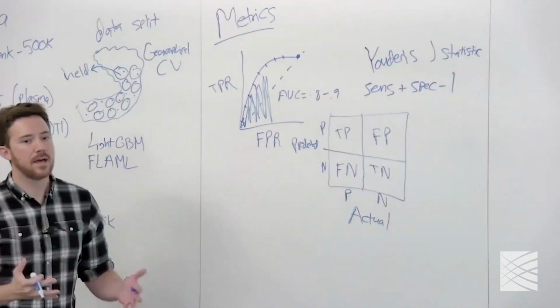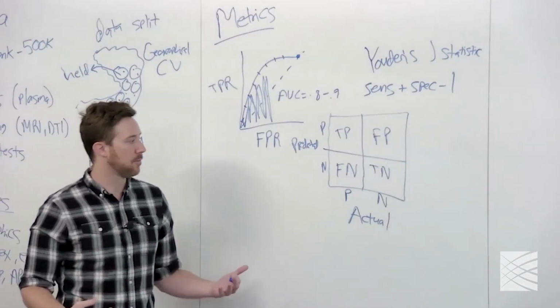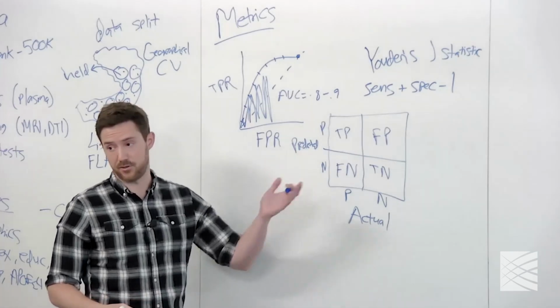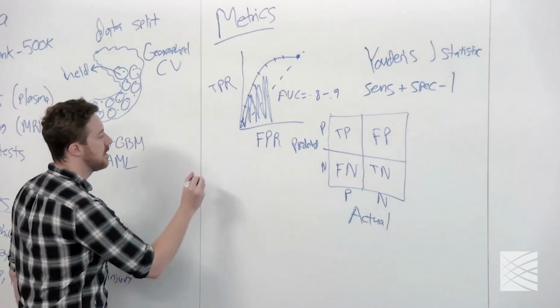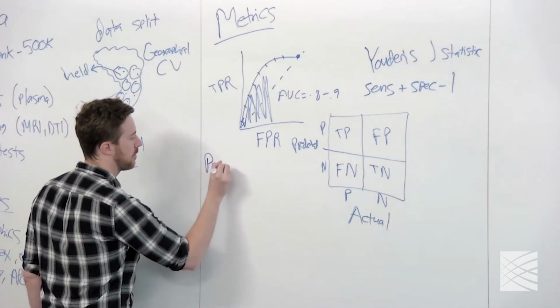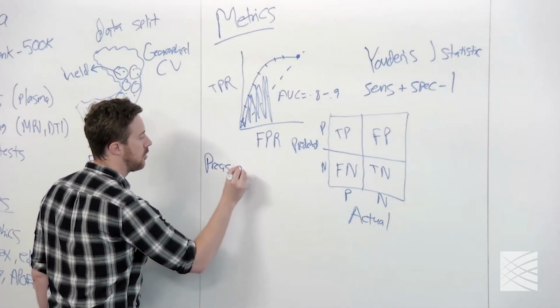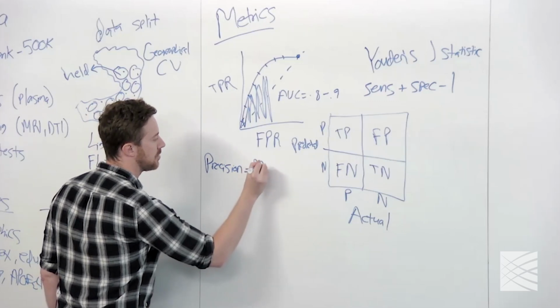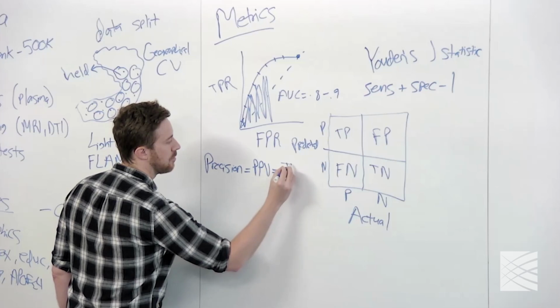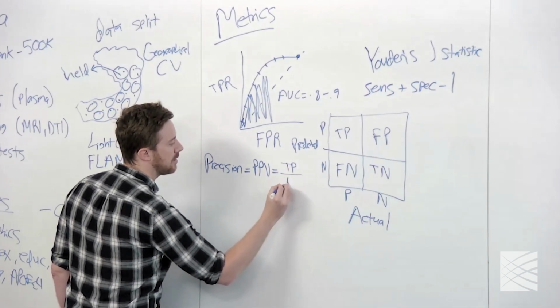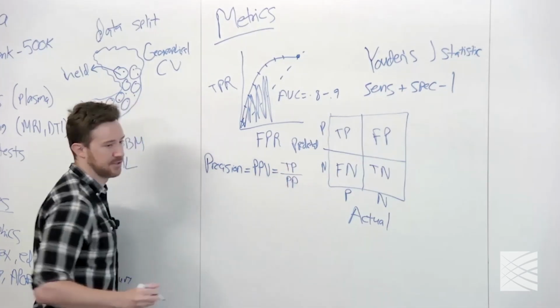Now, there are many, many metrics that are threshold-based that you can then calculate from your confusion matrix. And one that I want to draw your attention to is precision. And precision is also known as the positive predictive value. And this corresponds to the true positives divided by the predicted positives.